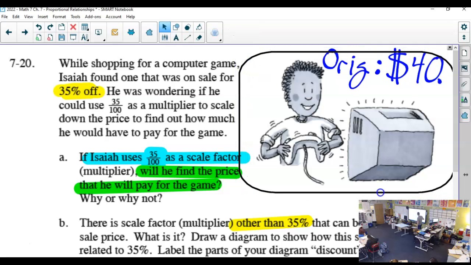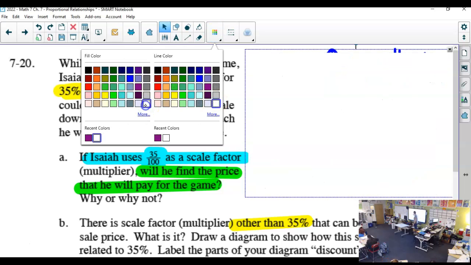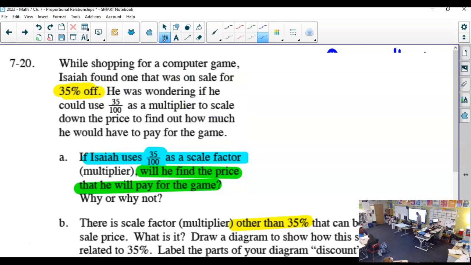So the original price, what percent do we say the original price really is? The original price is 100, right? It's 100%. So our 100% is $40.